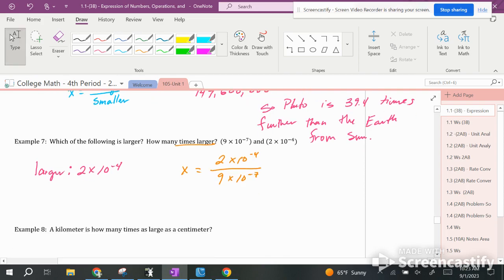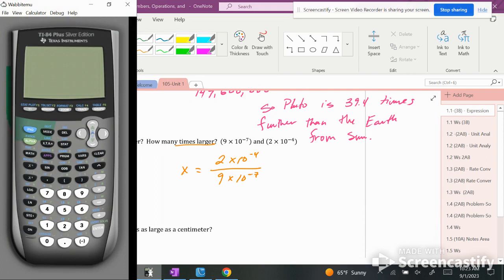Let's do this one in the calculator and make sure we can type this correctly. Everybody grab a calculator in front of you. I want to make sure everybody knows where the fraction button is. If you hit alpha y equals and hit enter, that's going to give you the fraction form so you don't mess this up.